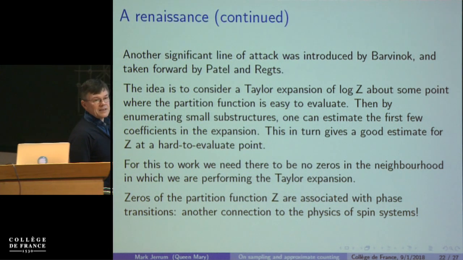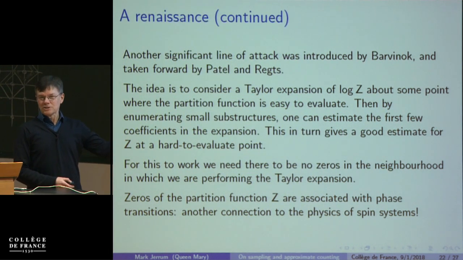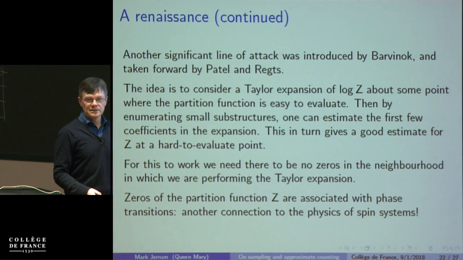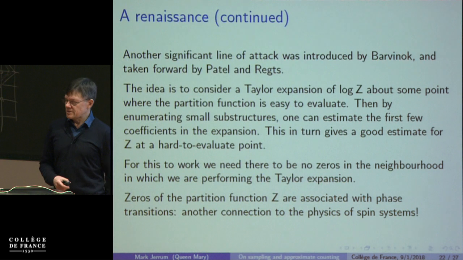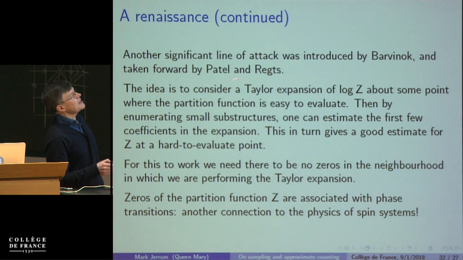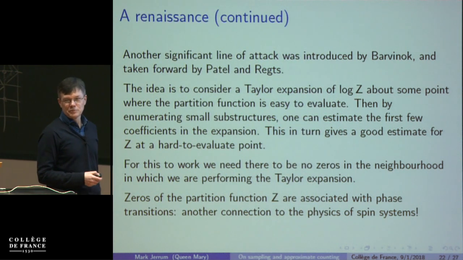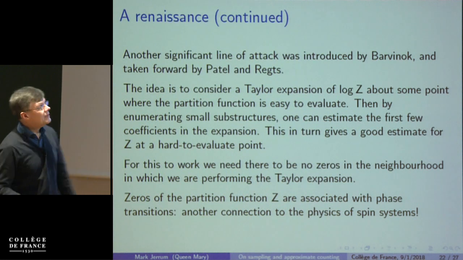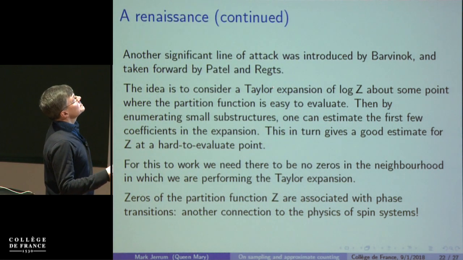Okay, there's another, I mean, once one bus comes along, you get several, so another completely different idea. But again related to physics, was introduced by Barvinok and perfected, i.e. taken to the state it's in now, by Patel and Regts.